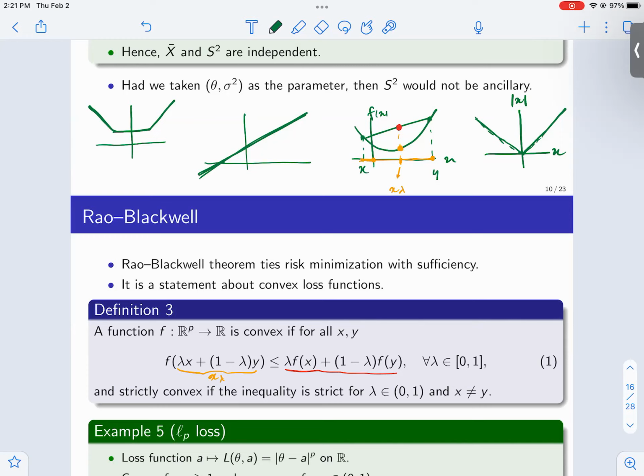It's not strictly convex because, for example, if you take two points here, the secant matches the function itself. It's also non-differentiable at this point, so it has nice features, enough complexity. So, for example, it's not everywhere differentiable. That's fine.